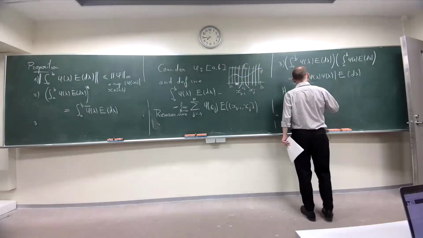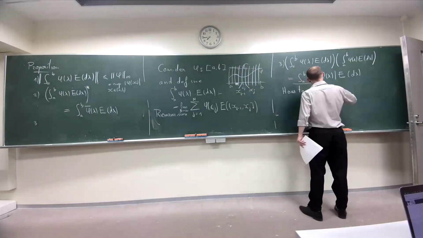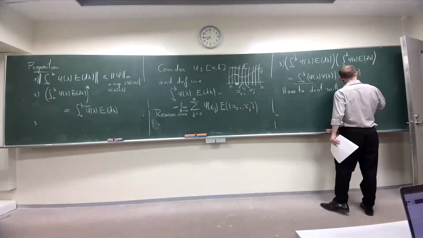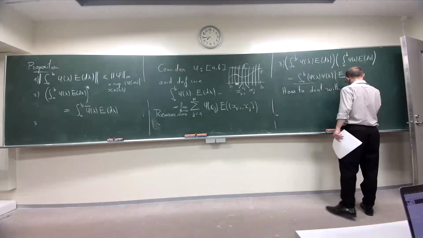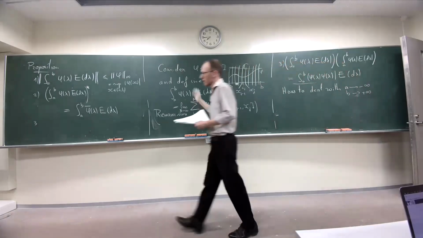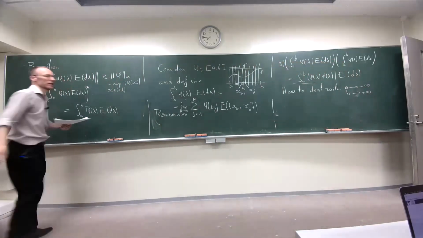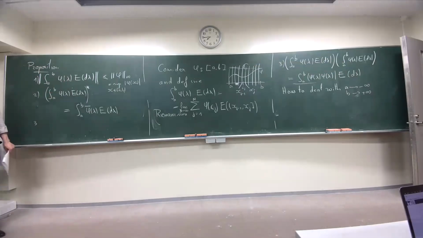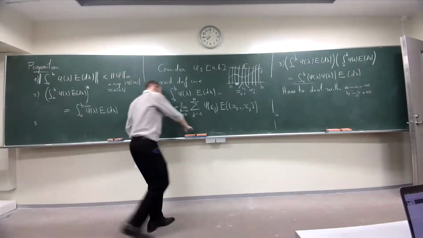This was the end of the theorem: how to deal with A going to minus infinity, B going to plus infinity. And of course, I have to be careful because if it gives me an unbounded operator, what are you playing with? If we take A and B going to minus infinity and plus infinity, I will end up with an unbounded operator. So I need to give a domain.